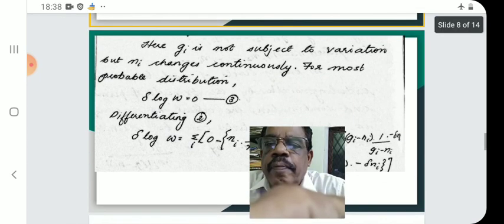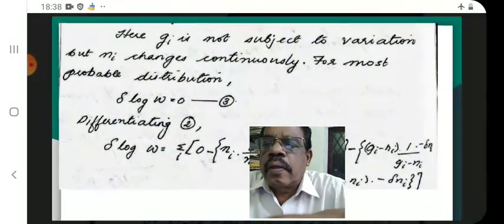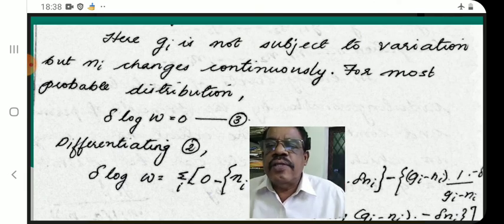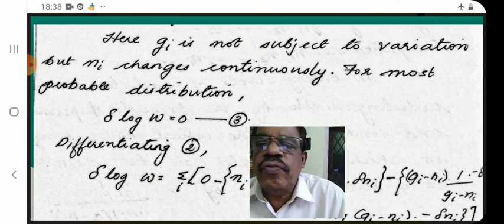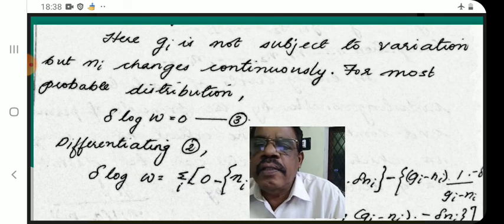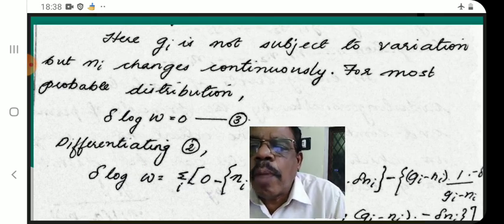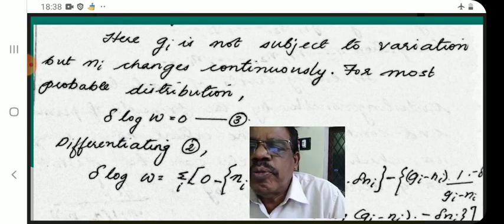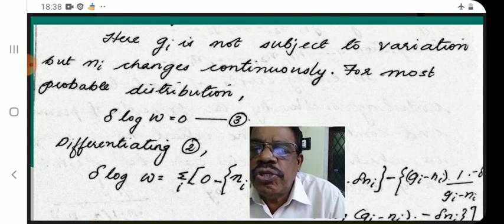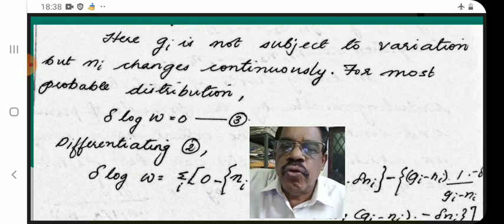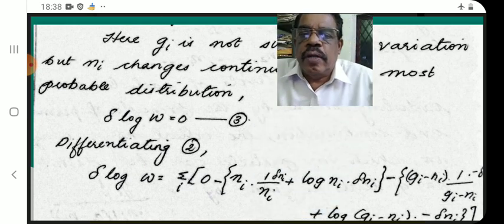Now we apply the condition for maximum probability. Here Gi is not subject to variation, but Ni changes continuously. For most probable distribution, we take the logarithm and equate its variation to 0. Delta log W is equal to 0, equation number 3. So we differentiate the above equation.